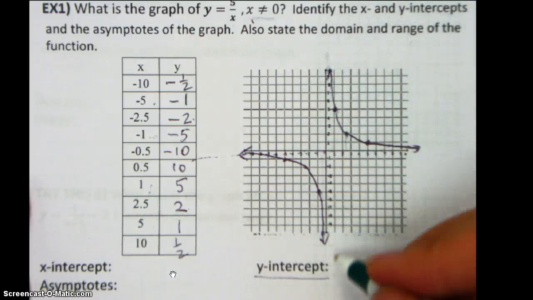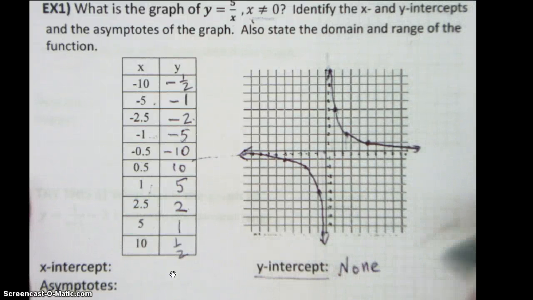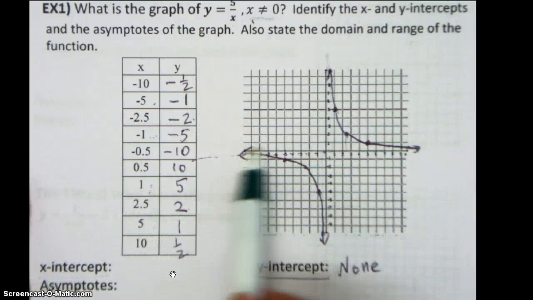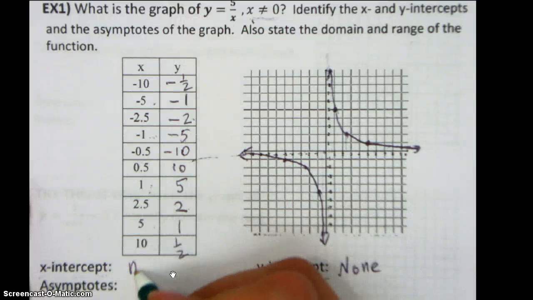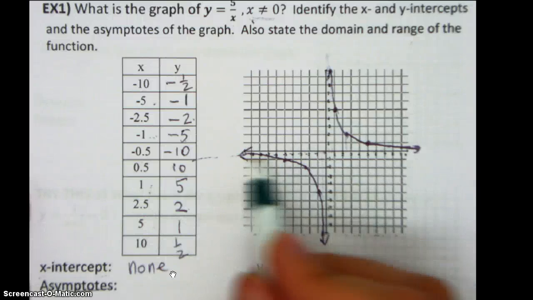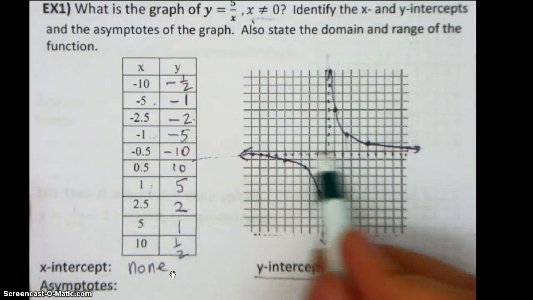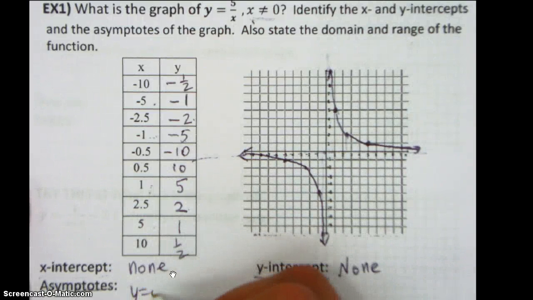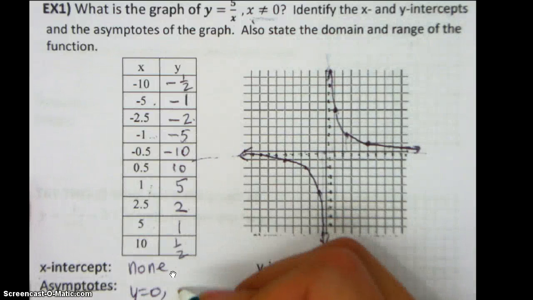Since there's no such point, there is no y-intercept. Same thing for the x-intercept. The graph never crosses the x-axis, so there is no x-intercept. And we know the asymptotes are these axes: the x-axis, which is y equals 0, and the y-axis, which is x equals 0.